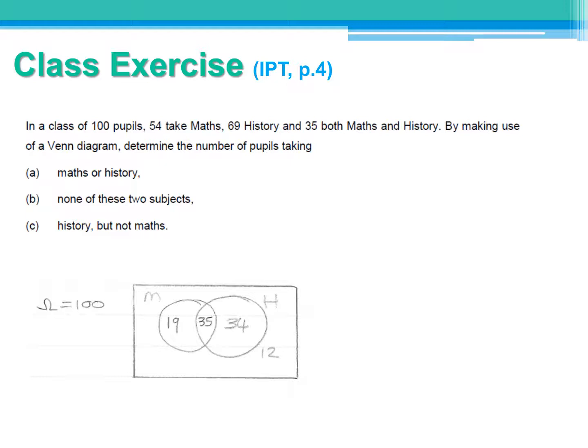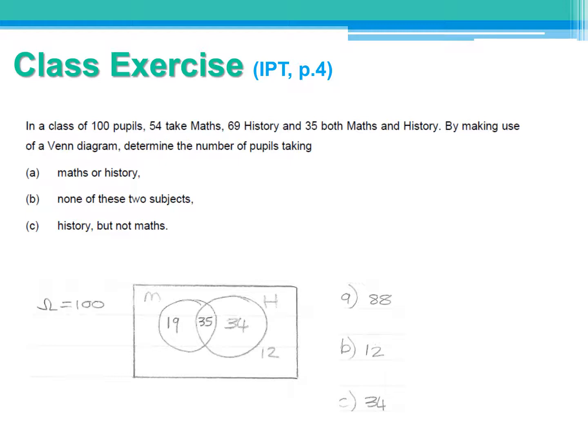Then for question A, where they asked you to determine the number of pupils that take maths or history, it's going to include all those three sections of my Venn diagram. So if I add 19, 35 and 34, I will get 88 pupils in total.